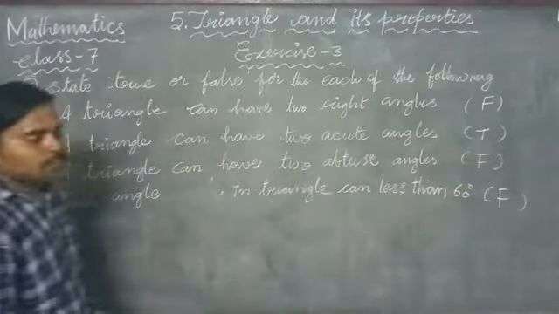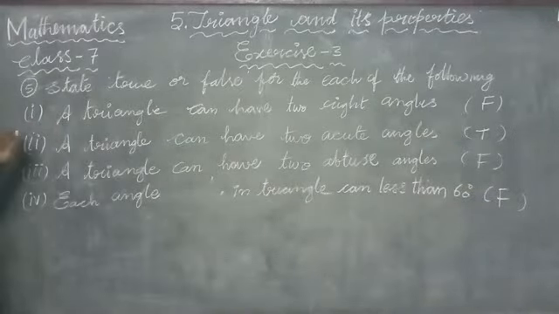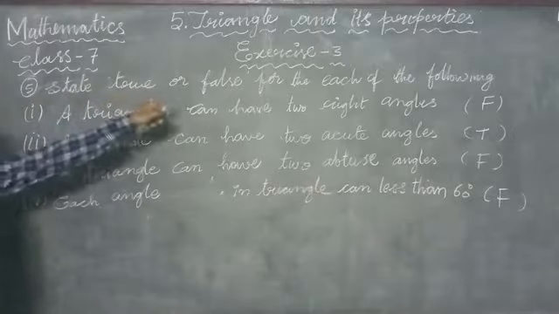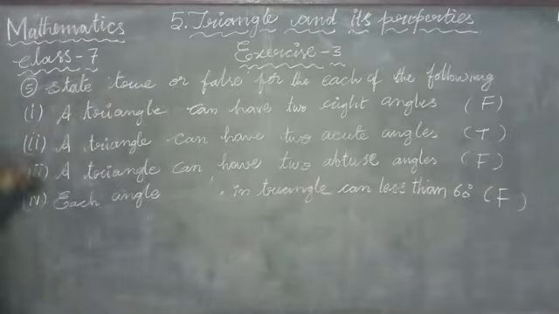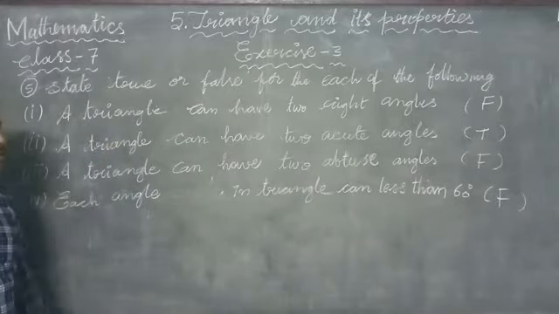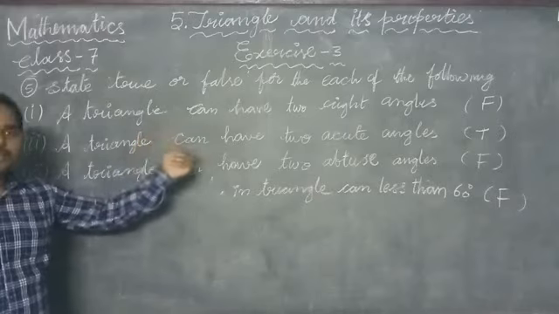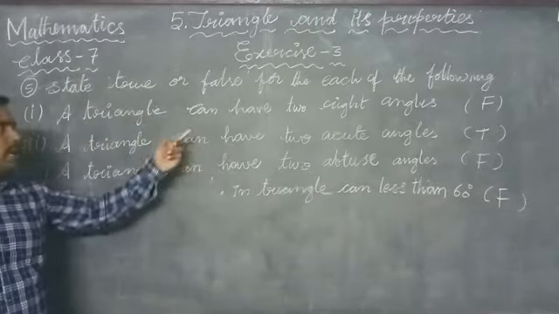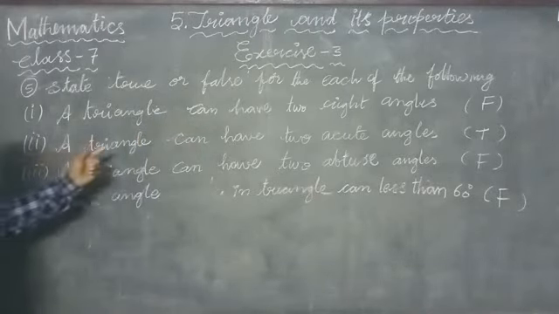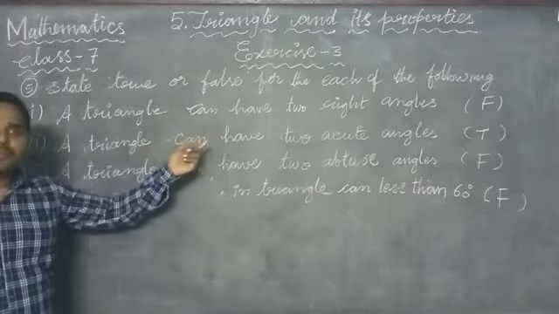This is about the fifth question. Once again, state true or false for each of the following. The first one: a triangle can have two right angles. Any triangle doesn't have two right angles, so it is false. A triangle can have two acute angles. It is possible.